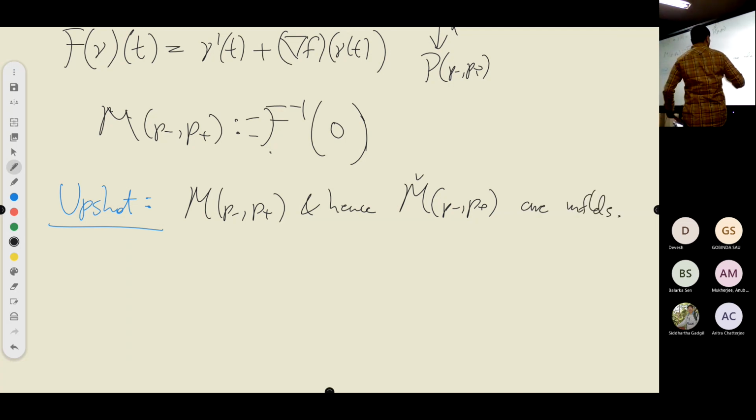Not just a topology, I've given them a C1 manifold structure as well.